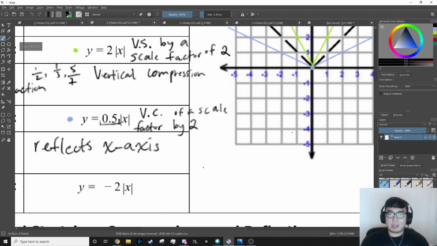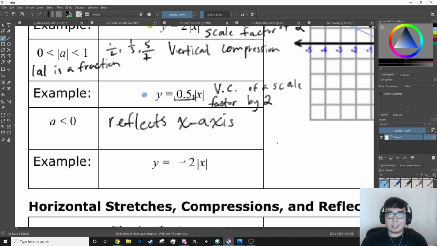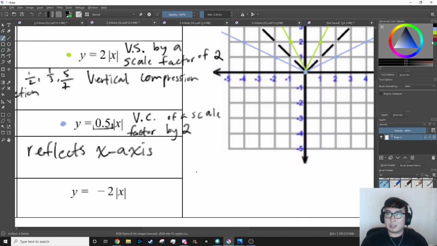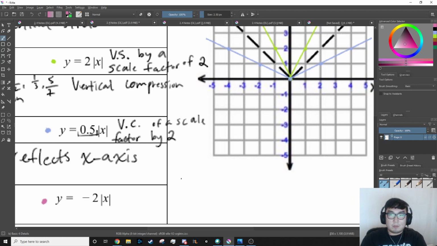So I can just draw this graph. And I'm going to draw the graph -2 times the absolute value of x. Okay, so once again, we're starting here, right? We're going to the right once, down 2.